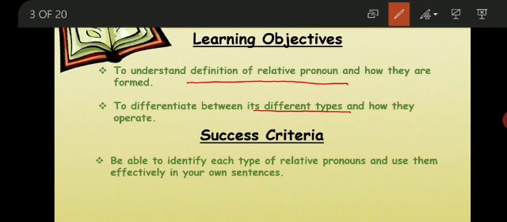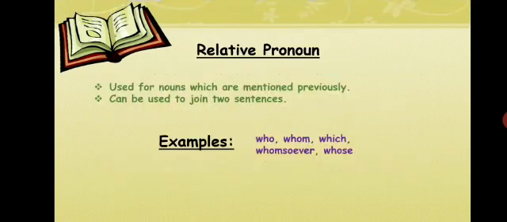At the end of our lecture, we will be able to identify each type of relative pronoun and use them in our own sentences. So, this is the purpose of studying this lecture.